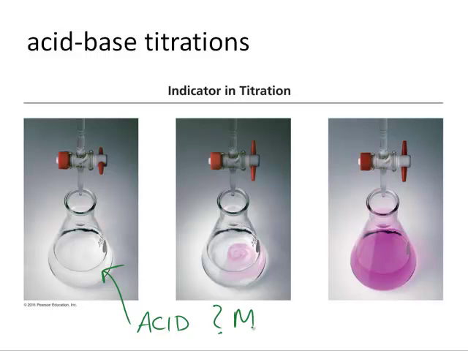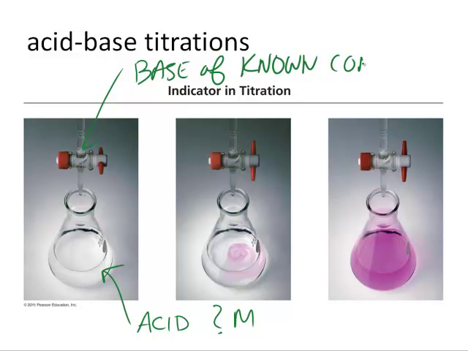Into our burette we add our base, our titrant of known concentration. Now you can switch the unknown and known. We could use a base that we don't know and an acid that we do know, but let's just start out with this concentration. You're also going to add an indicator to tell us when we reach the equivalence point.